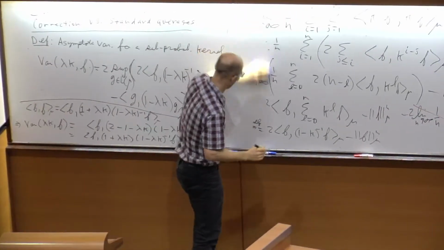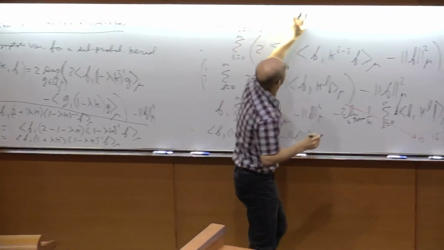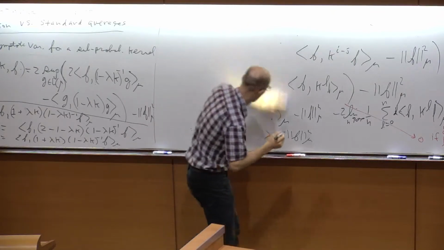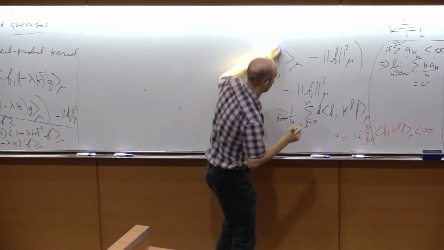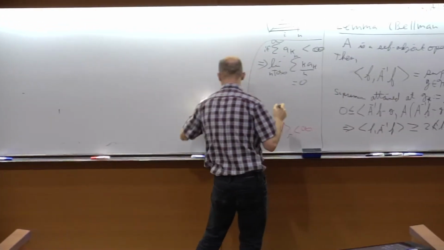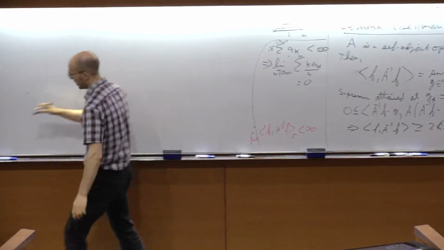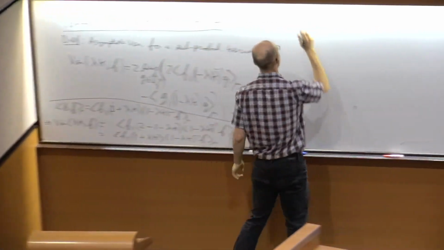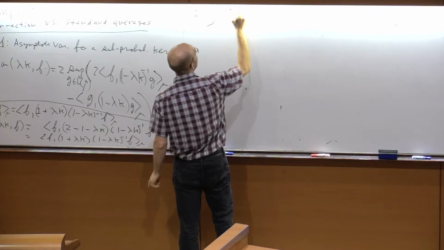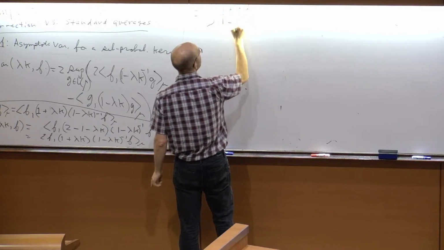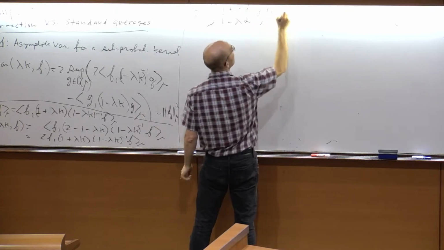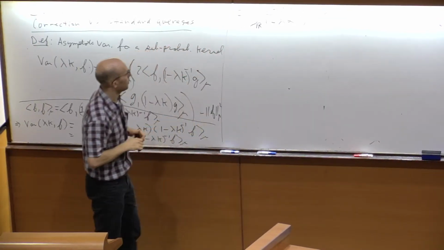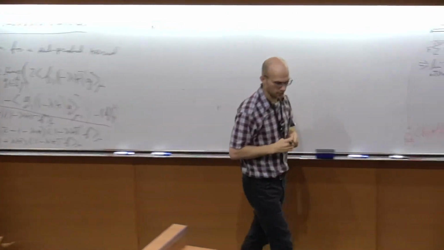And now we can apply the spectral theorem for self-adjoint operators, and we can write this as an integral over its spectral measure of (1 plus lambda alpha) over (1 minus lambda alpha). Now we're interested, of course, as lambda goes to 1.